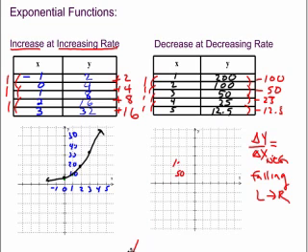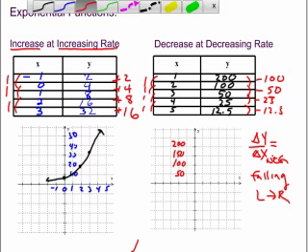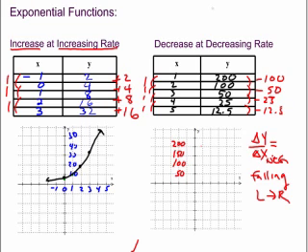So just draw a little sketch here real fast of these guys. We started out at 200, and then we were all the way down to 100, and then we were down to 50, and then we were down to 12.5, and then we would be down even more.